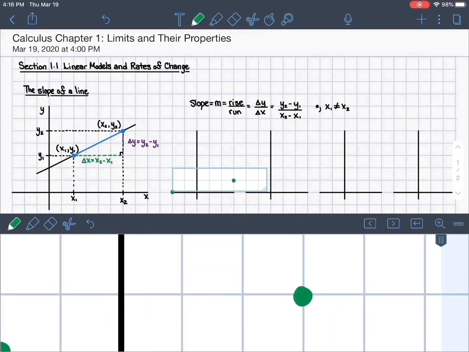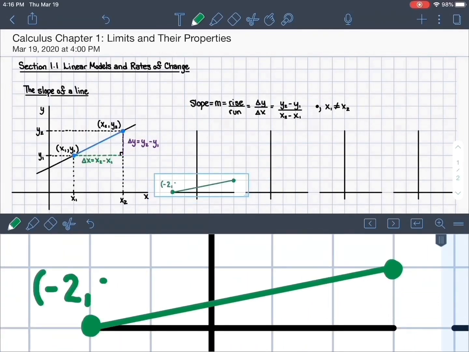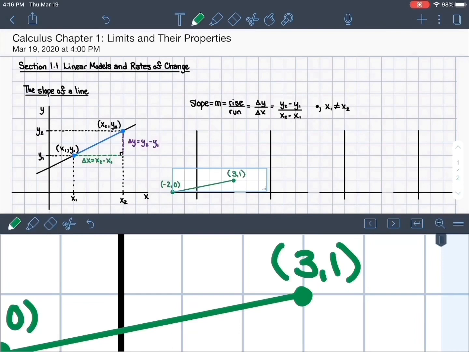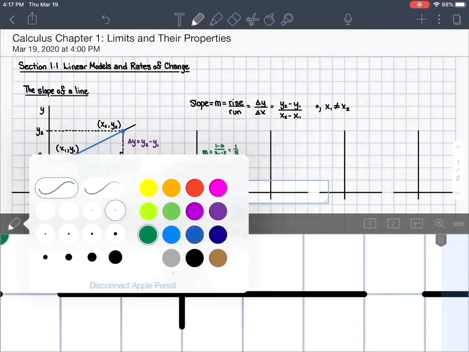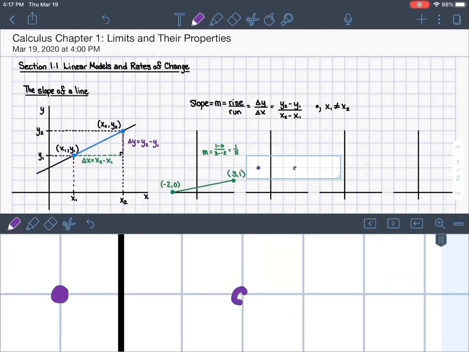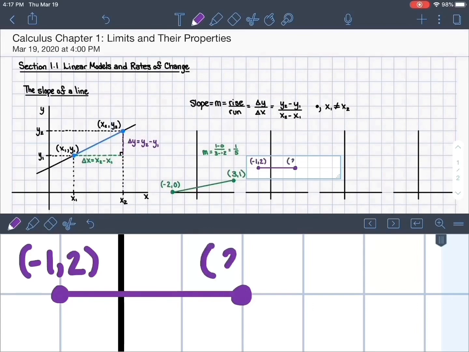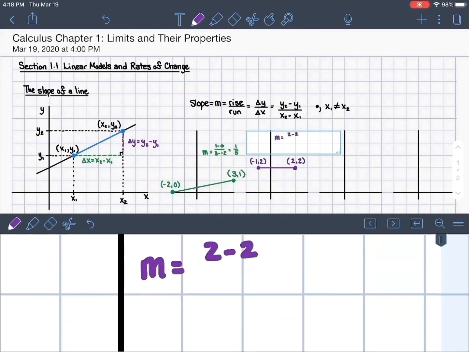In this example, the first point is negative 2, 0, and the second is 3, 1. The slope is 1/5, which is a positive slope. In this example, the y locations are both outputting to 2, so the slope is going to be 0.